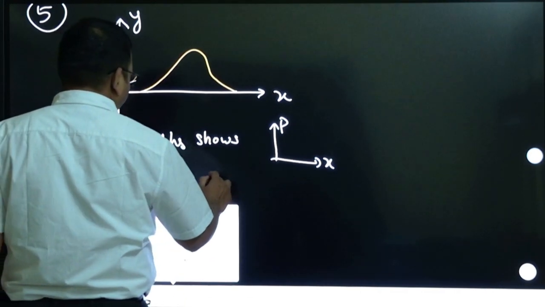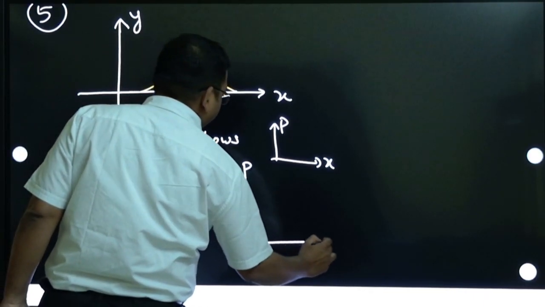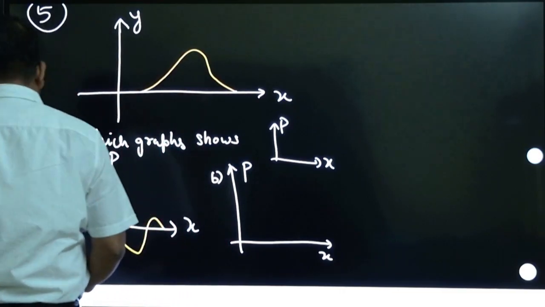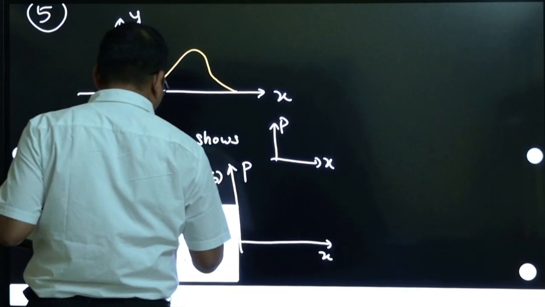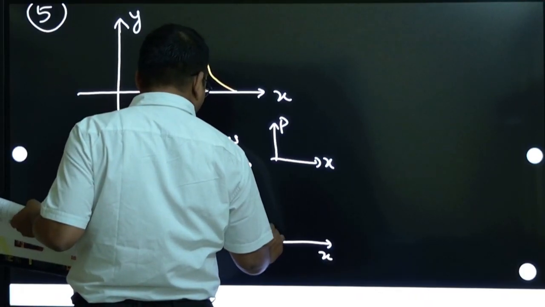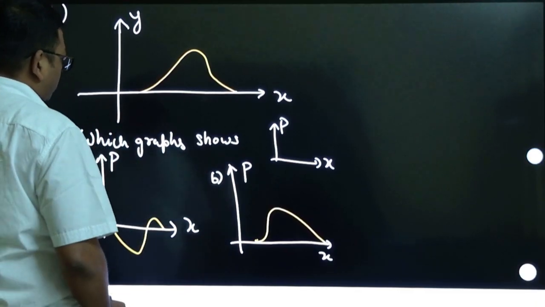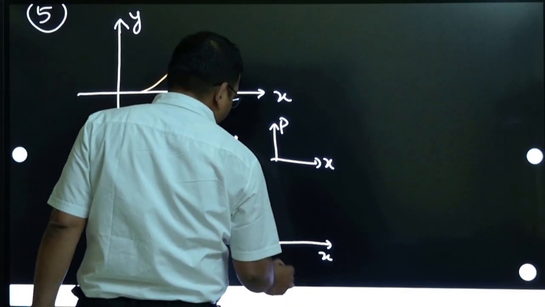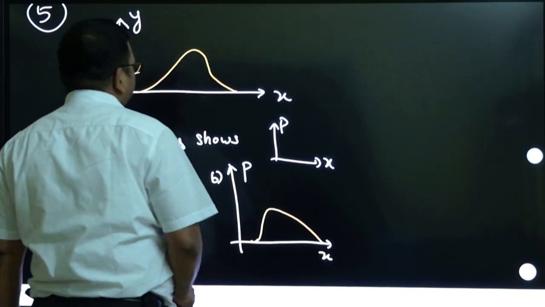Second graph, option B, pressure versus position graph is given like approximately. The graph may not be looking exactly, but it is like that.